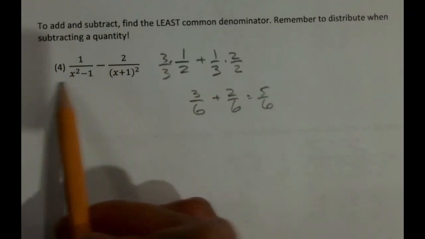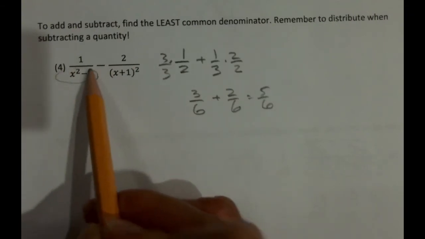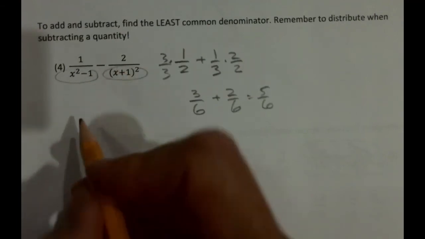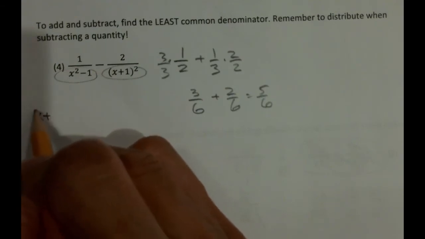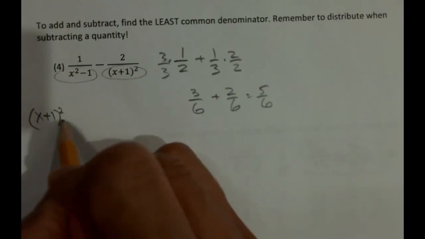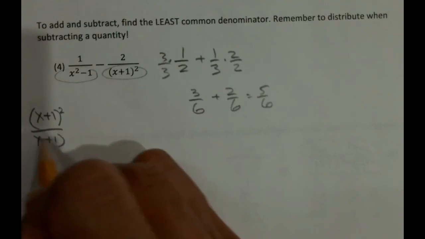Your least common denominator, I mean, you could multiply both of those together and have this, basically, x plus 1 squared over x plus 1 squared.